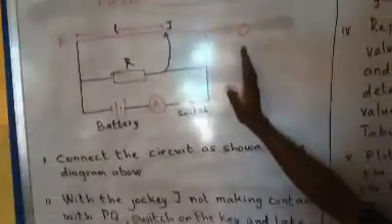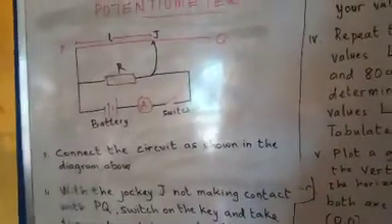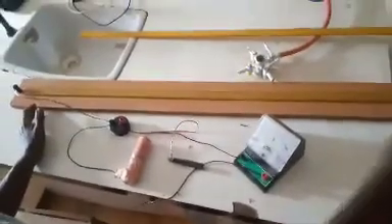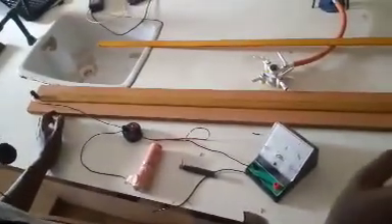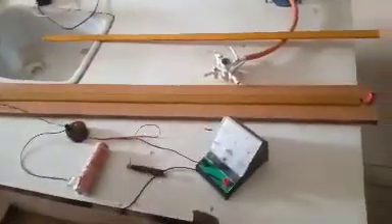Now in the circuit, you have the circuit connected according to the instruction, and we have to connect it according to instruction. If we don't, we get the wrong result, wrong value and deduction.